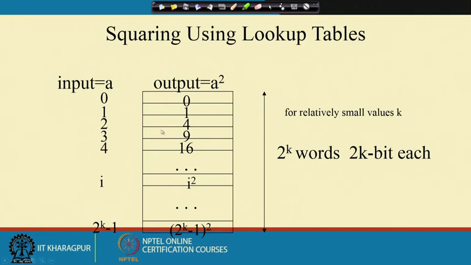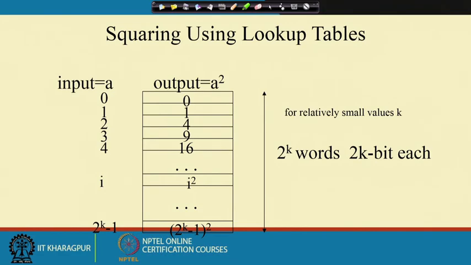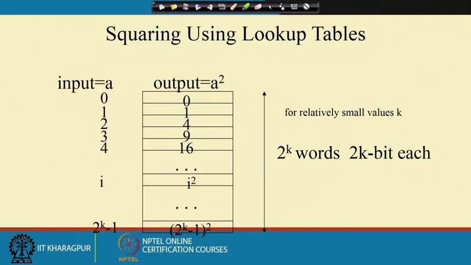So, at that time it will consume more power and it will be slow in operation compared to implementing the squaring circuit using logic gates. So, this lookup table based squaring circuit is not that efficient a way to implement it. For a lower number of values or a lower width of A, this lookup table approach is advantageous; otherwise this structure is not that advantageous in terms of power, speed or area.